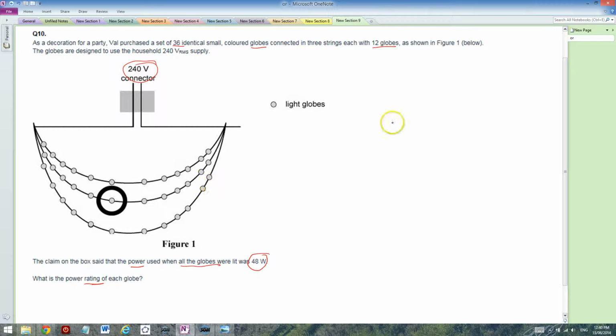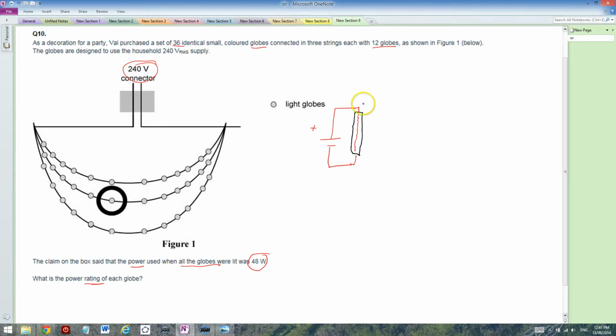For this question, it's simple, but how do I explain it? Okay, so if I draw a circuit, I have all the globes here. This is one string.